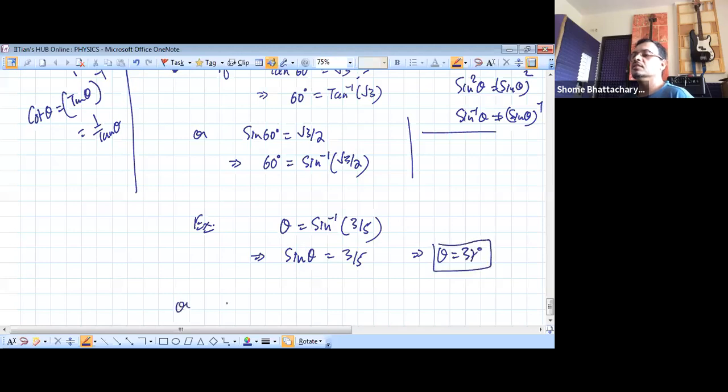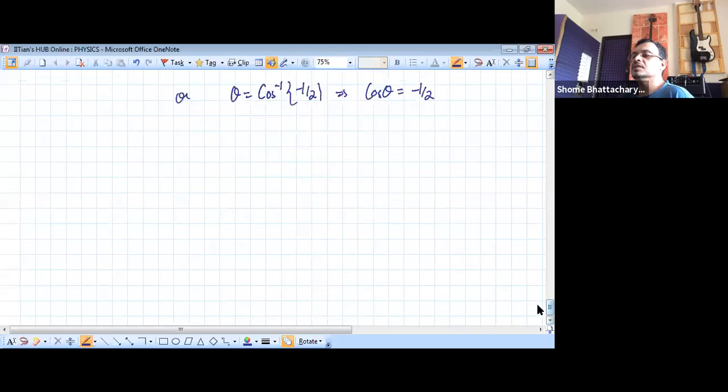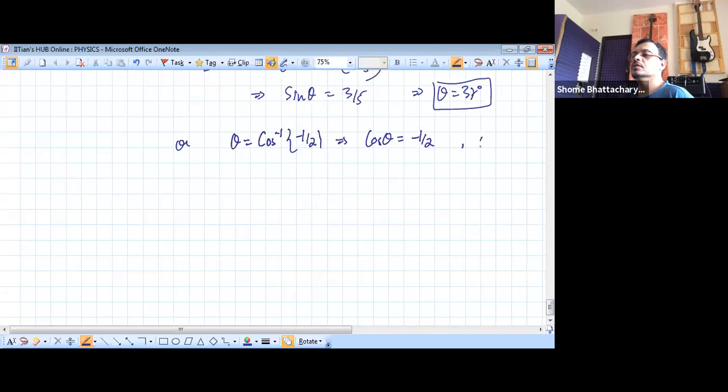Or if we say that theta is equal to cos inverse of minus half, that means cos theta is equal to minus half. Suppose theta is in the second quadrant, so theta is an obtuse angle.